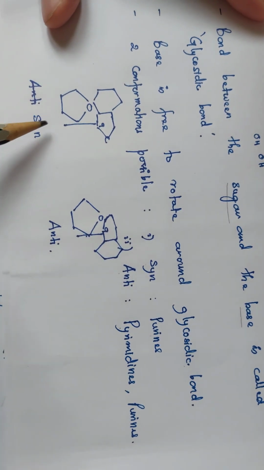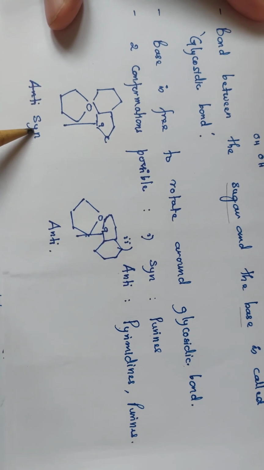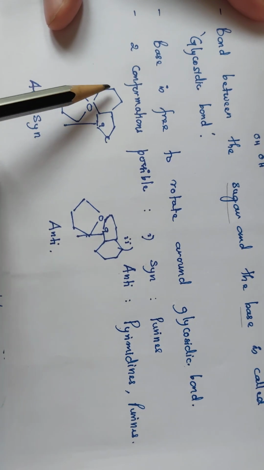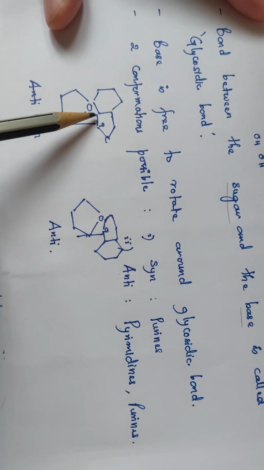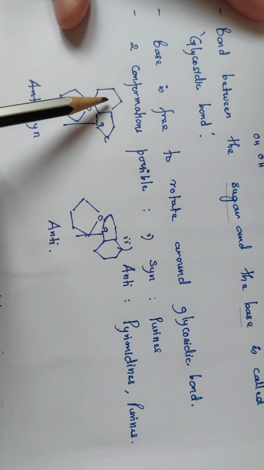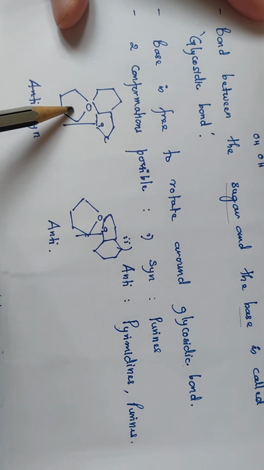In this figure I have drawn the syn conformation. When we say syn conformation, it is in its original conformation. You see here, as we saw in the last class, the nitrogenous base is in its original conformation and attached to the pentose sugar.